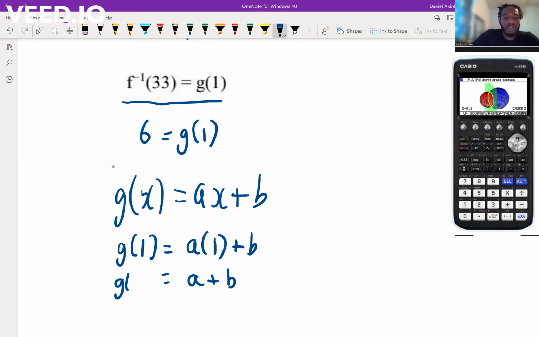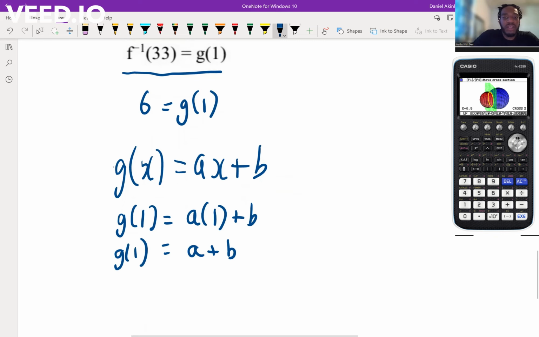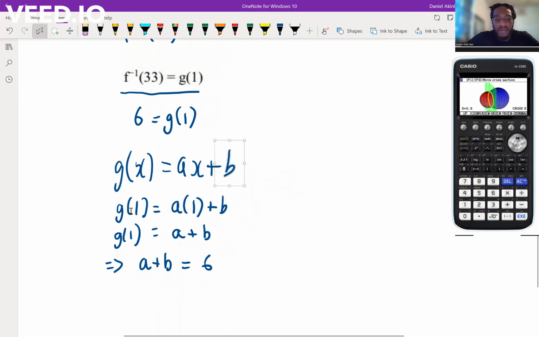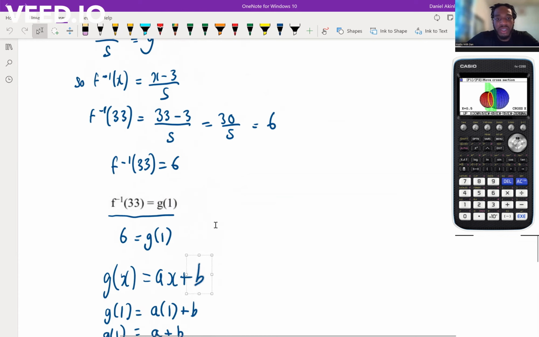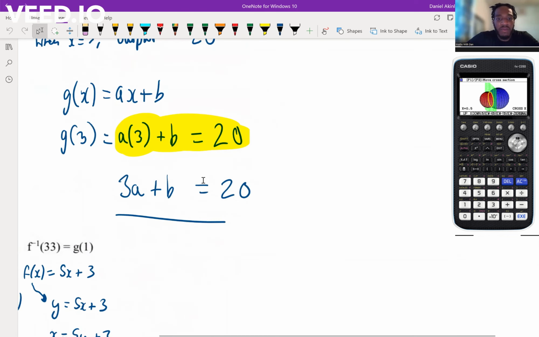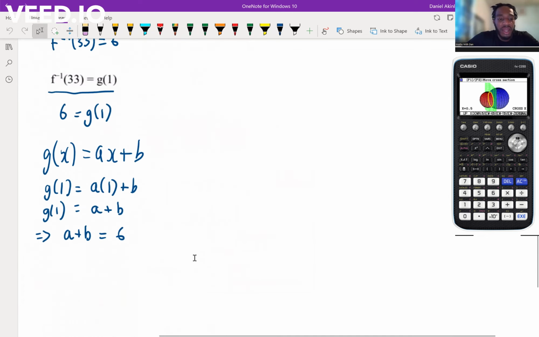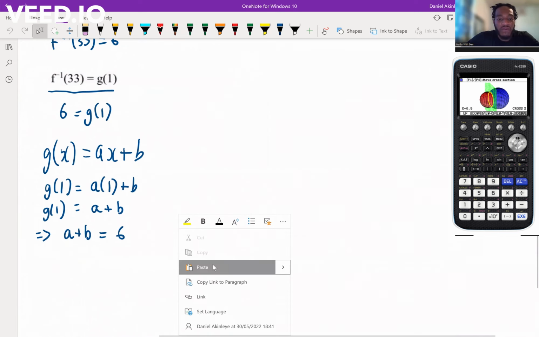So g of 1 is equal to that, and I know that g of 1 is equal to 6. So this tells me that a plus b is equal to 6. And from here, we have two equations. We have a plus b is equal to 6, and the other equation, 3a plus b is equal to 20. As you can see, we've got two equations with the variables a and b. Now we can solve simultaneously.